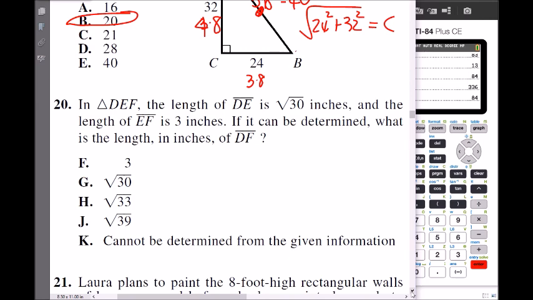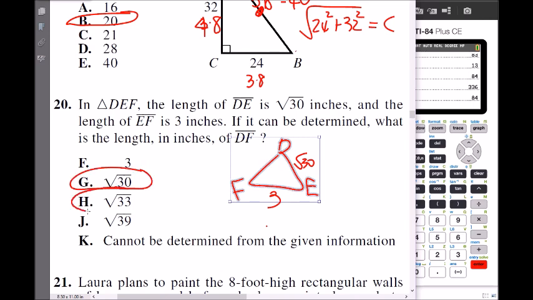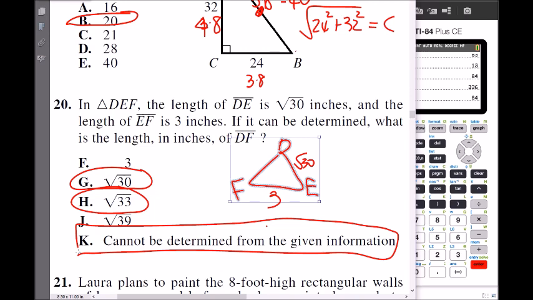So if you have a triangle DEF, if DE is square root of 30 and EF is 3 inches, this side must be less than the sum of these two and greater than the difference. So it can be square root of 30, it can be square root of 33, so it can't be determined. There are multiple possible lengths that could be the length of DF.